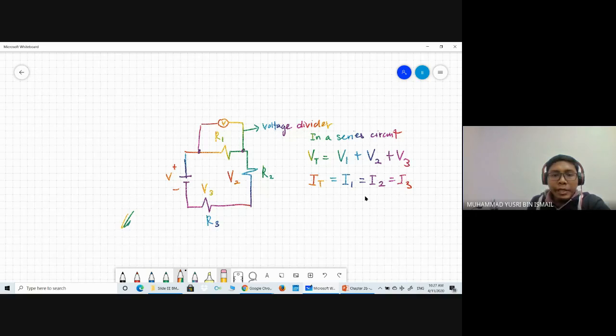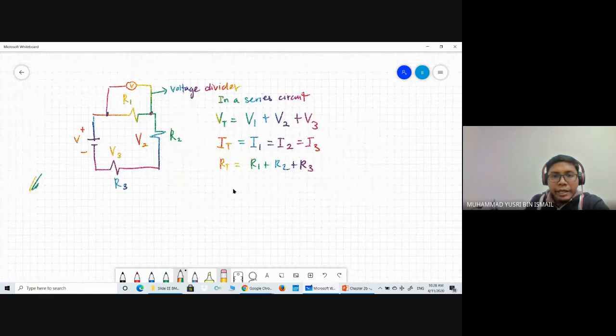Remember that this is like the flow of a river. So that's why the current flow is equal at each of the resistors. And then R total is equal to R1 plus R2 plus R3.